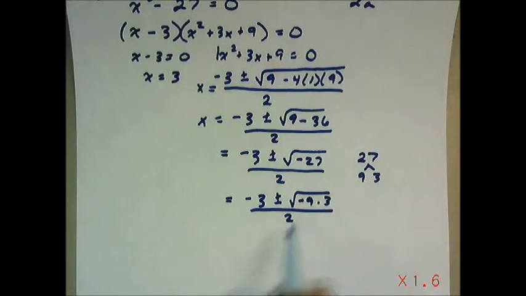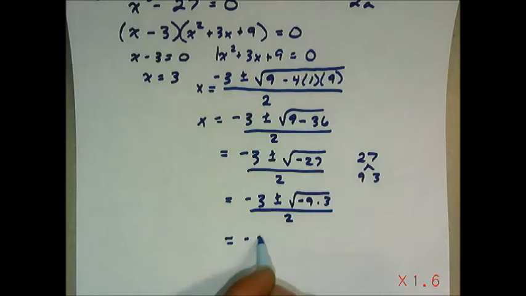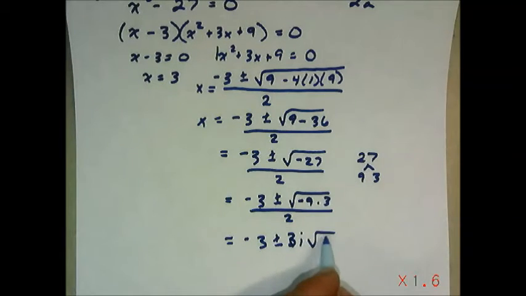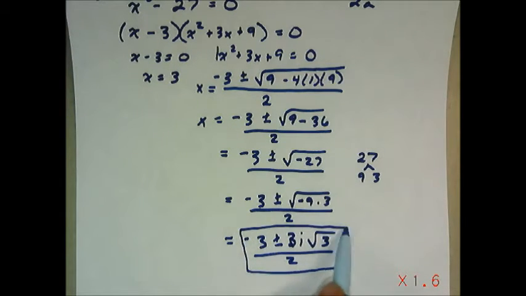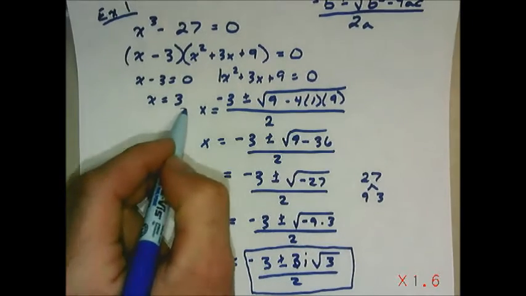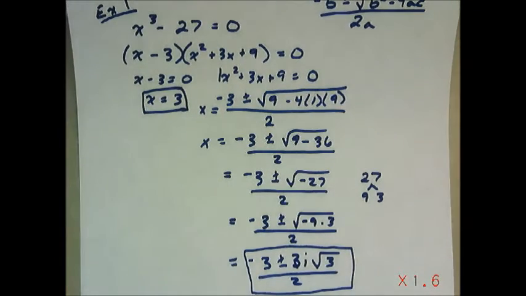The square root of negative 9 is 3i, radical 3, over 2. Since we can't simplify this anymore, that's going to be our solution. So here are two of our solutions. Remember that plus or minus is one of the solutions. And here's our third solution, x equals 3.